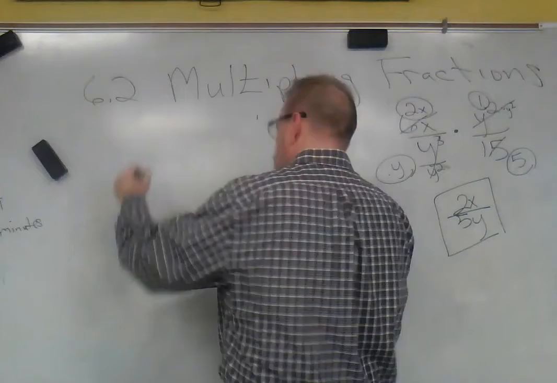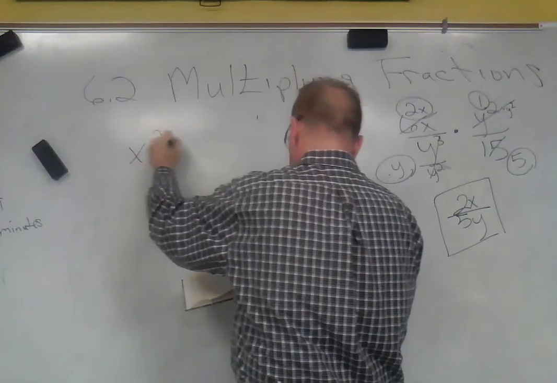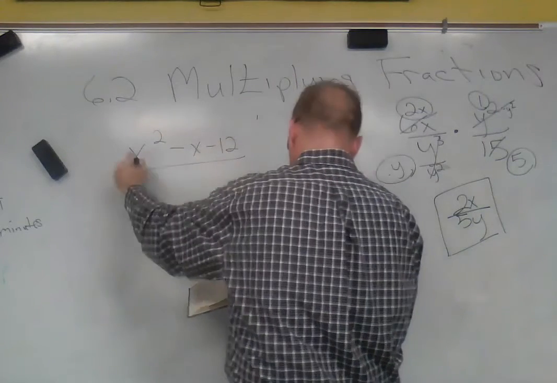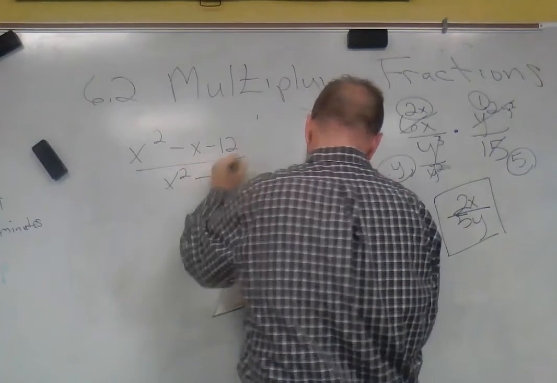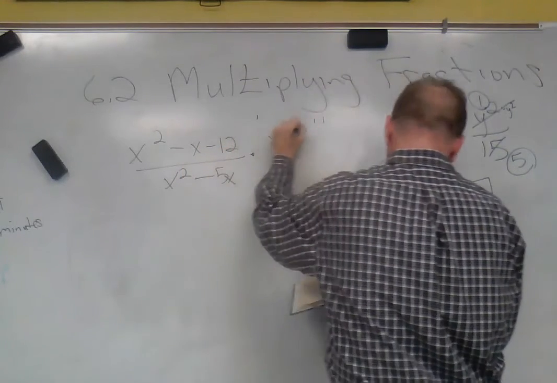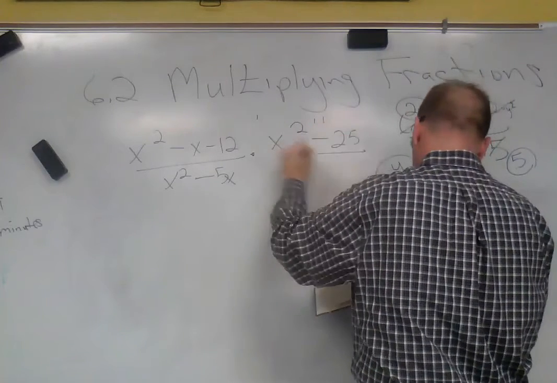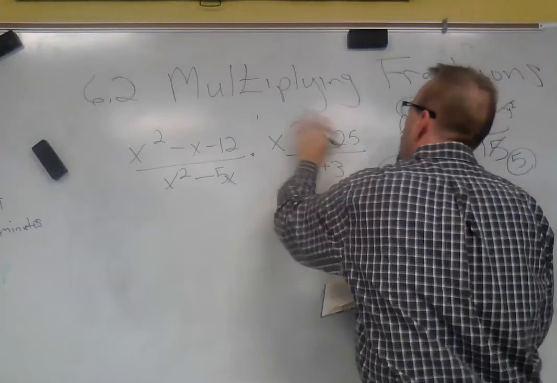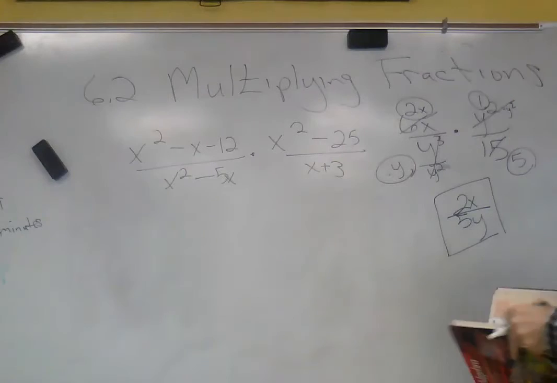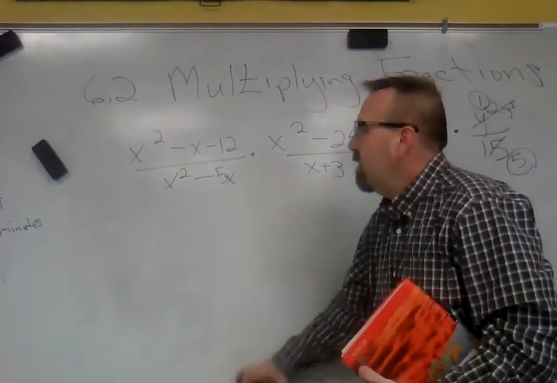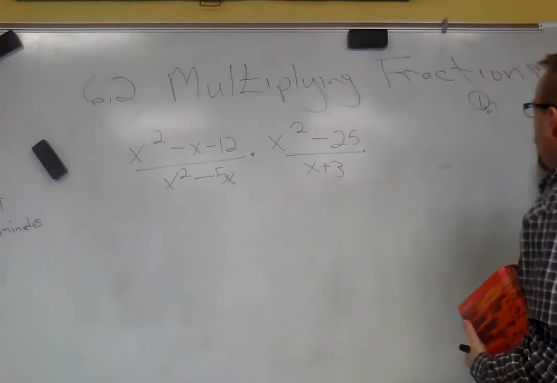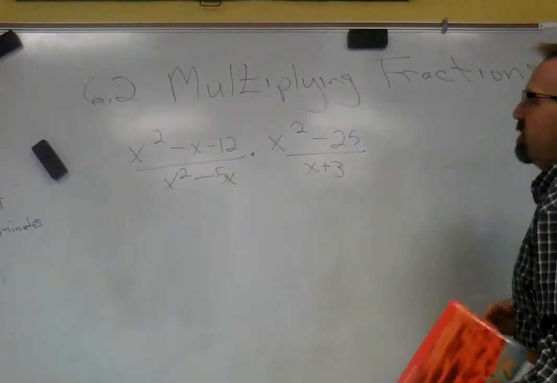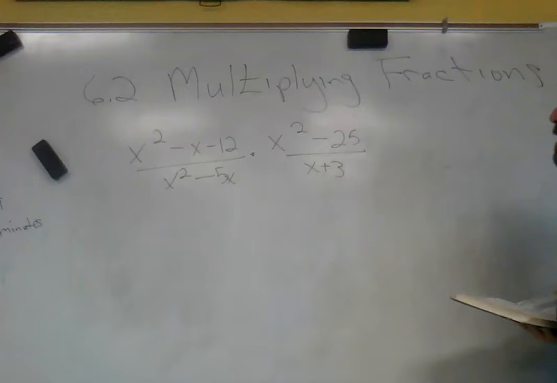Okay, obviously, we've been factoring, so we're probably going to have to do some factoring. What I recommend on these, we have x squared minus x minus 12 over x squared minus 5x times x squared minus 25 over x plus 3.